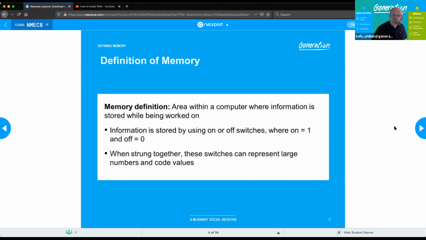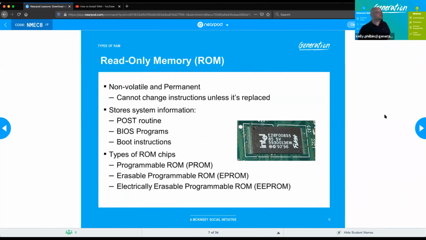All right, moving along. So we start with ROM, which is like the BIOS we were talking about earlier, which is non-volatile permanent memory, does not change. It's held in a stable state and cannot change unless it is replaced, although that is different now because we actually can flash a BIOS and change it, so that's kind of a legacy term that they're still using to this date.